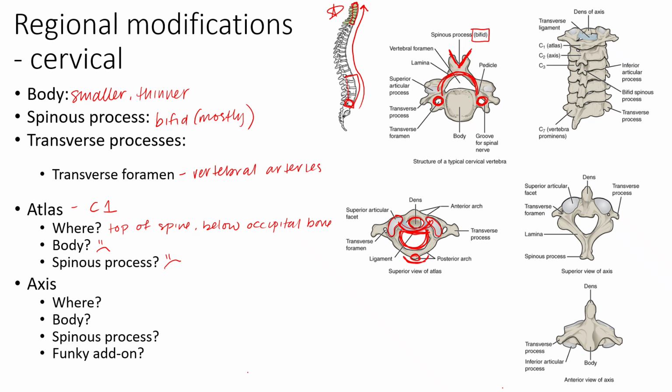Axis then is C2. That's the second vertebra. This is directly inferior to, and I'll put that in quotes, part of, atlas. If you look at atlas, it's really just a ring with these articular facets, right?